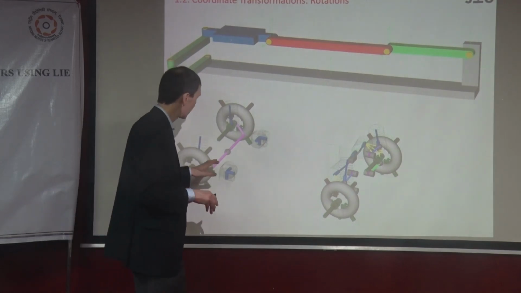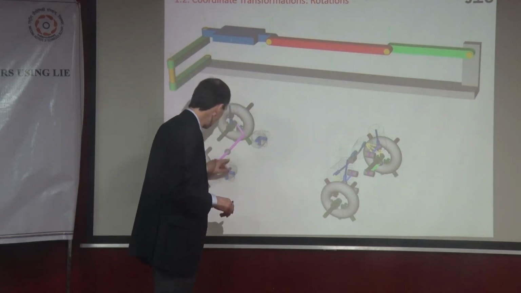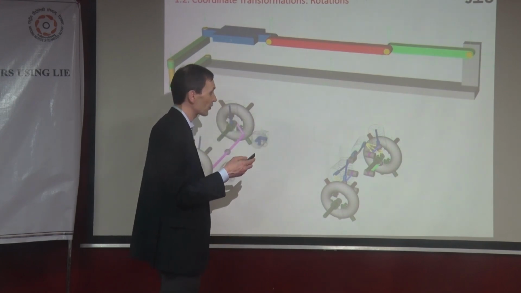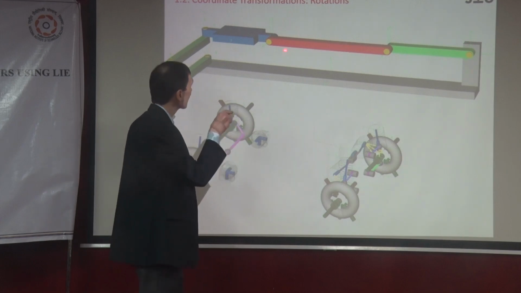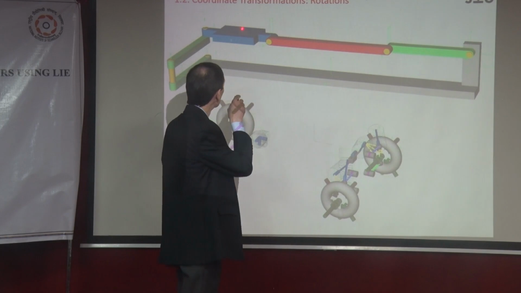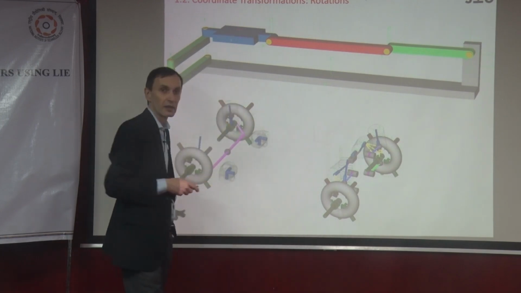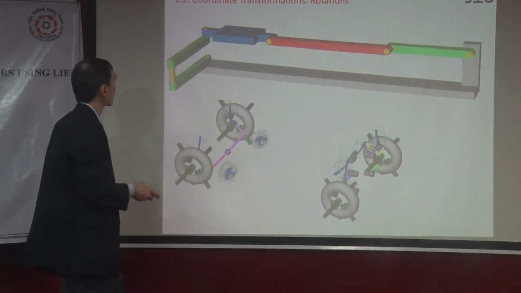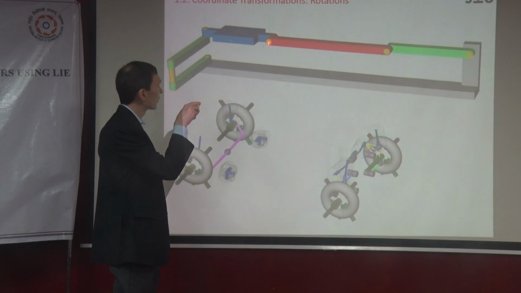There's one here, there's one here. Every part has at least one frame, usually many. For this simple mechanism, each of the bodies has a frame, always one somewhere in the middle, which represents the body.